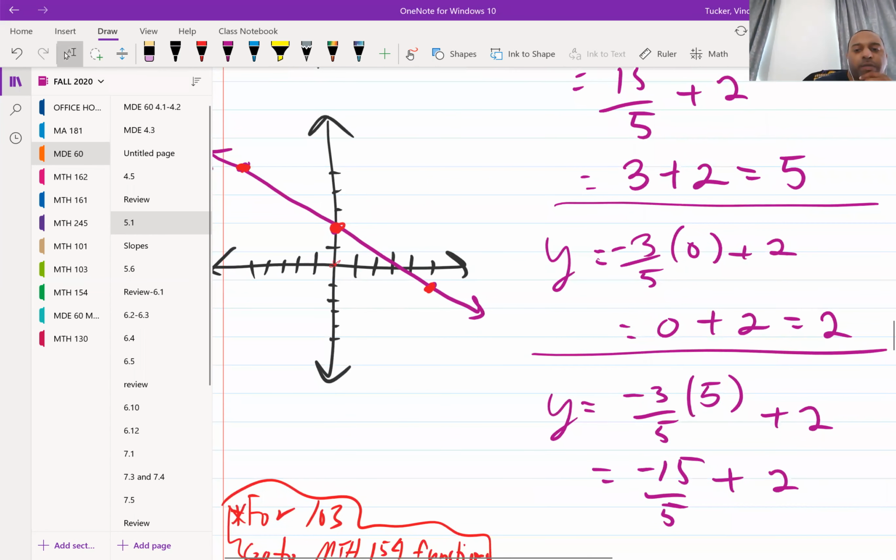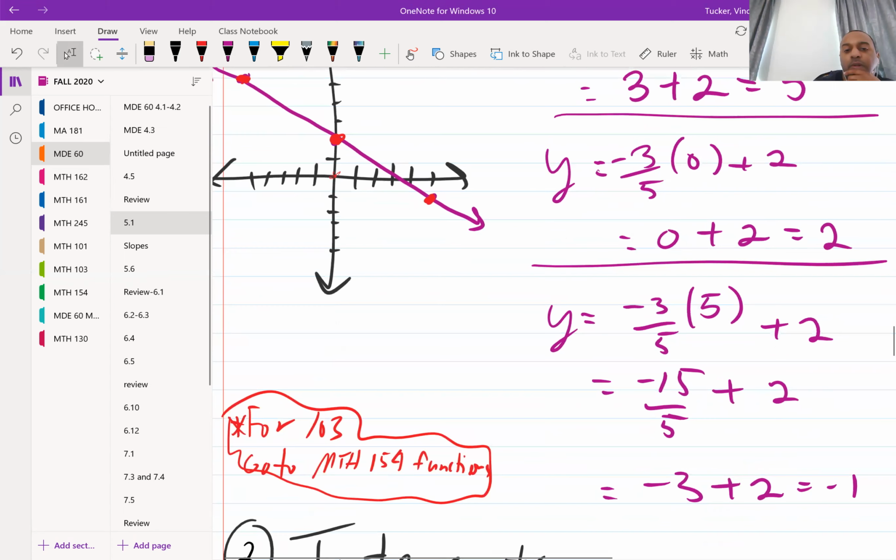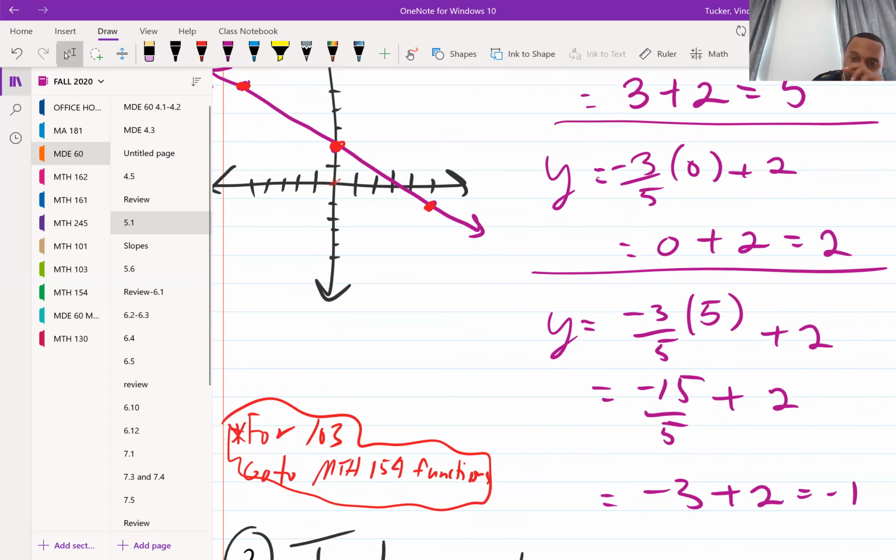And the last one, plugging in positive 5. 5 times negative 3 is negative 15, so it's negative 15 over 5 plus 2. Then negative 3 plus 2 is negative 1.